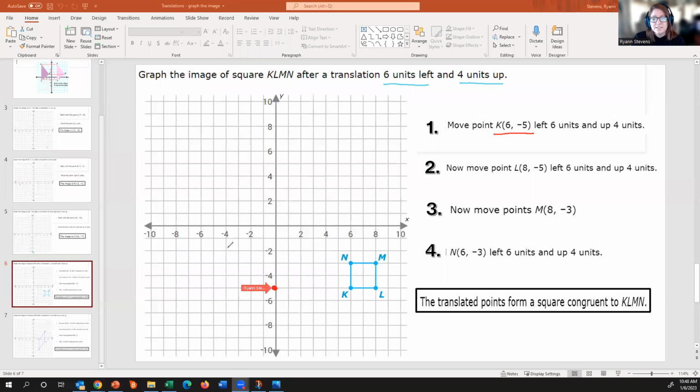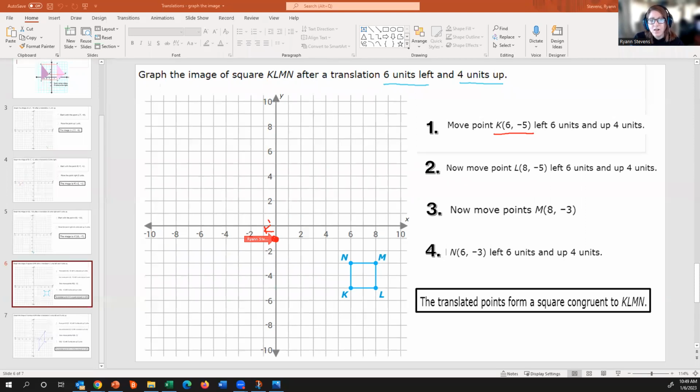Once we've moved it 6 units to the left, then we can take this point and move it 4 units up: 1, 2, 3, 4. And this is going to be where our new point, our image of K, is going to go. And I'm going to go back and erase this point so it doesn't get in the way.